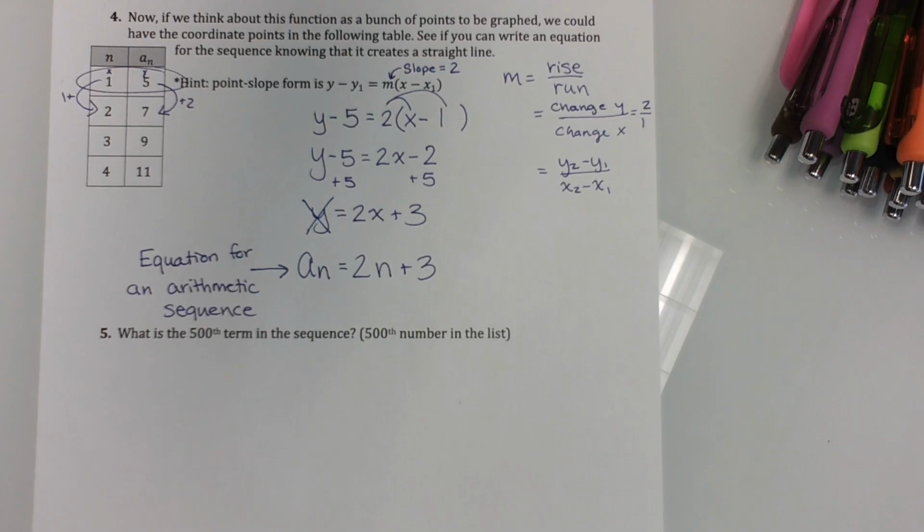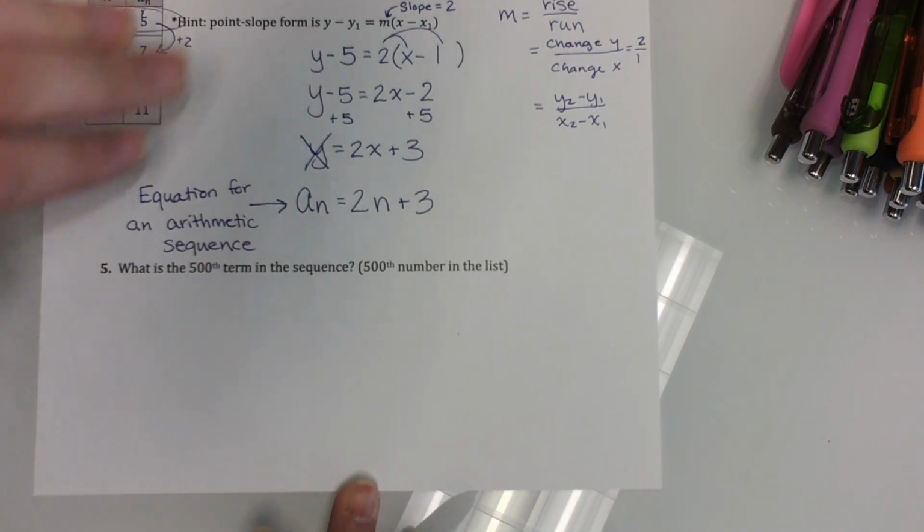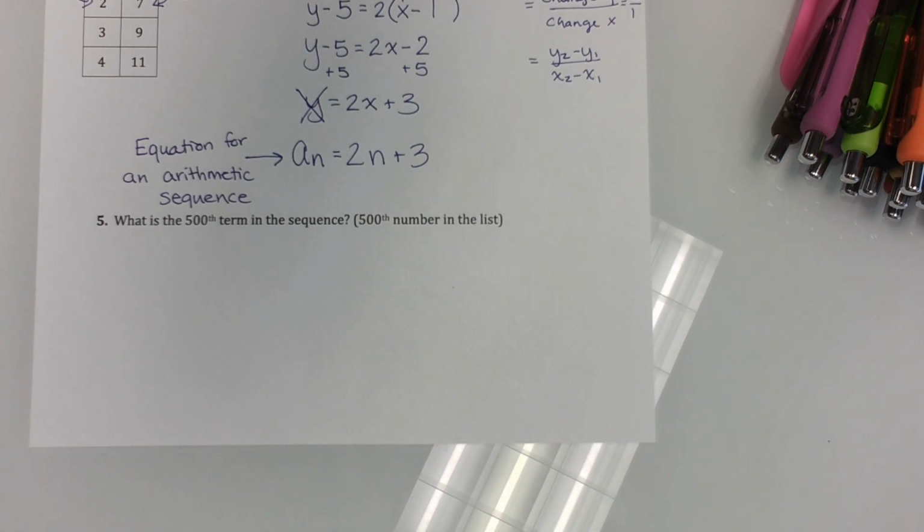Now, I had a fifth question on here that I kind of had hidden. I purposely didn't have it up there right away. What is the 500th term in this sequence? Thoughts on how we can find that? Kind of.